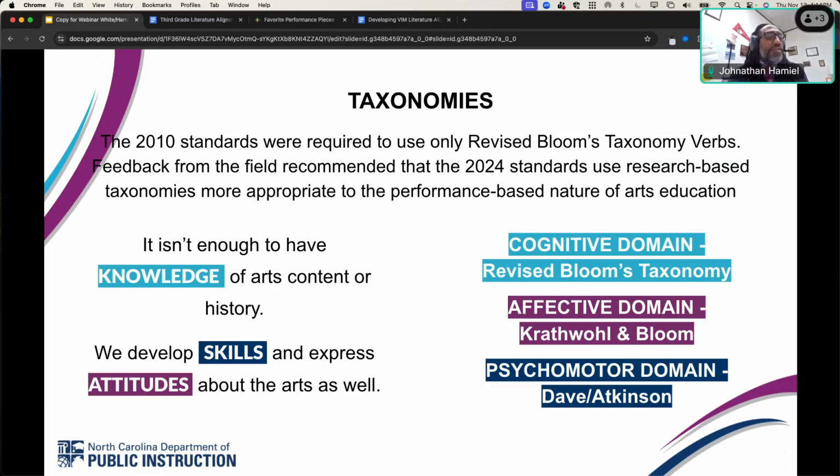And all of these taxonomies are present in the arts. And that's the beautiful thing about all of this. And that quote right there to your left, I think it's really cool. It isn't enough to have knowledge or arts content or history. We develop skills and express attitudes about the arts as well.